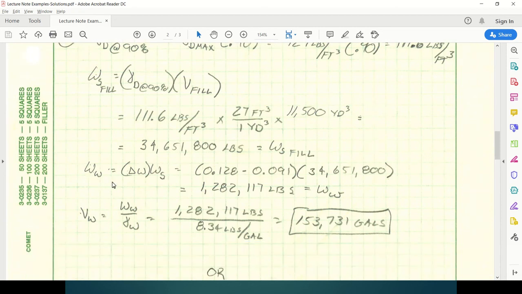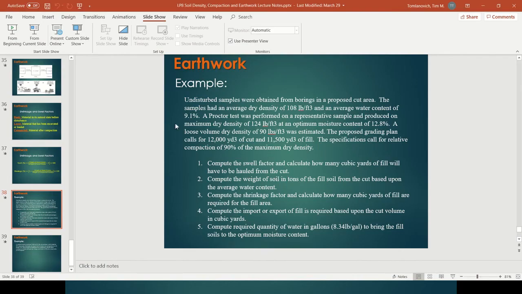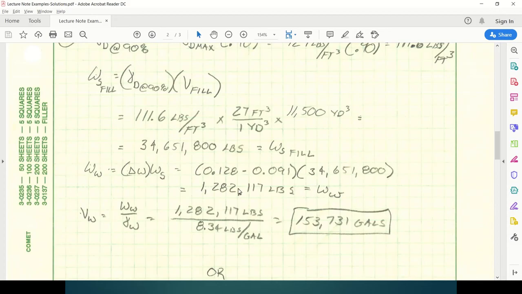So weight of water equals the change in water content times the weight of solids. My natural water content is 9.1% from the problem, but I need to get it up to 12.8%.